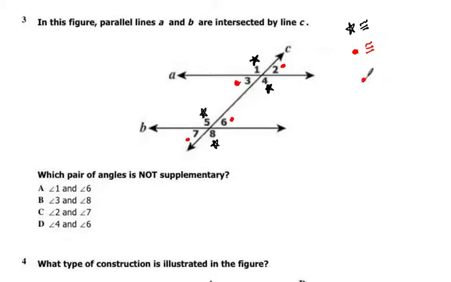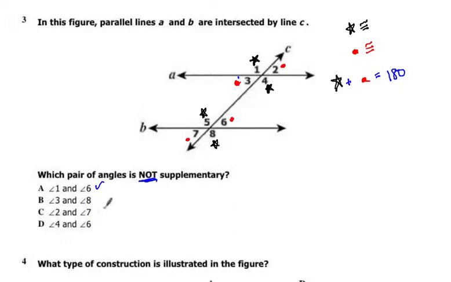What can you guys tell me about a circle plus a star? It's going to be 180. Okay, so then look at this. 1 and 6. Are they supplementary? We have a circle and we have a star. They are supplementary. And we want what's not supplementary. 3 and 8.